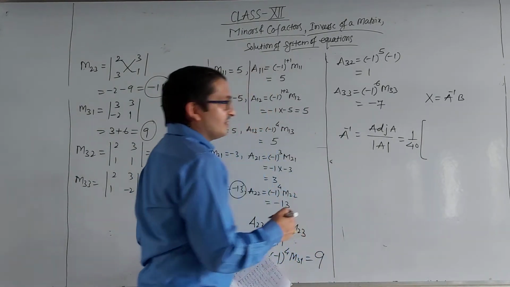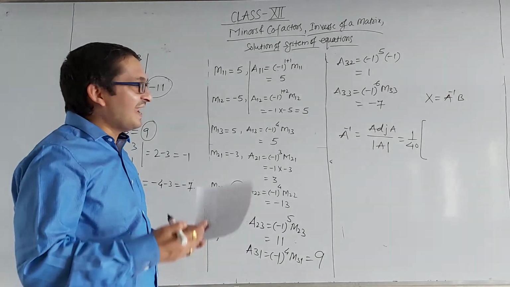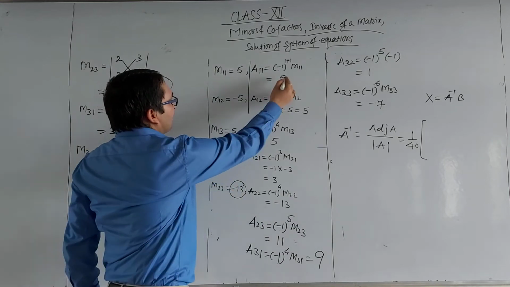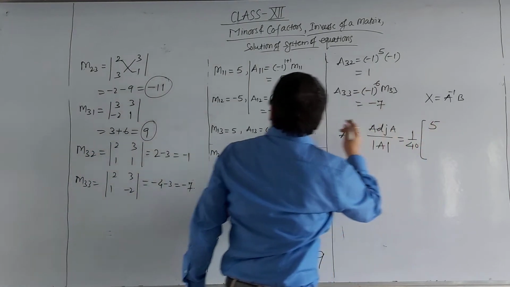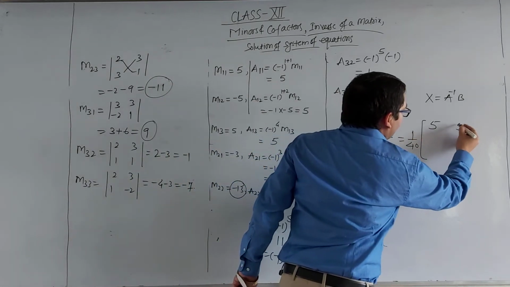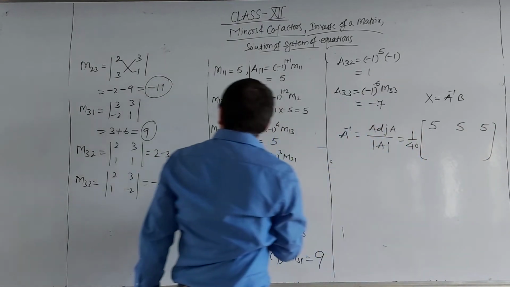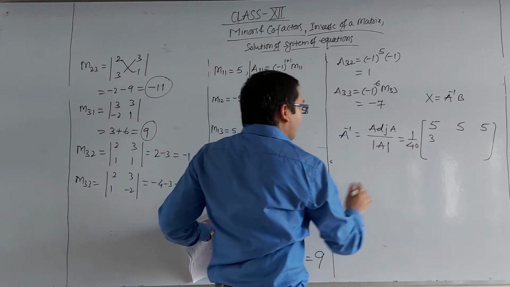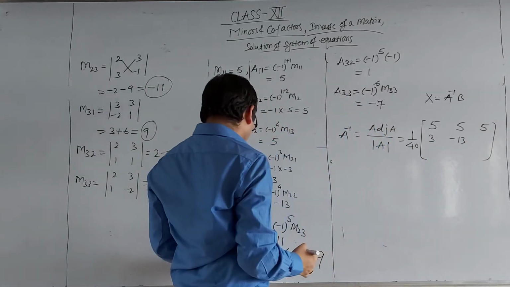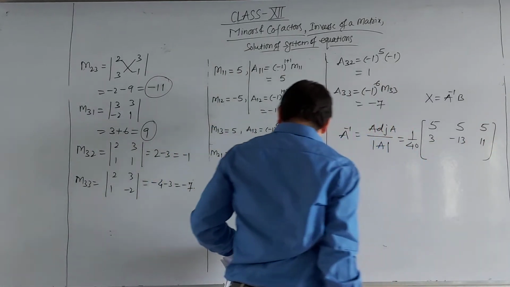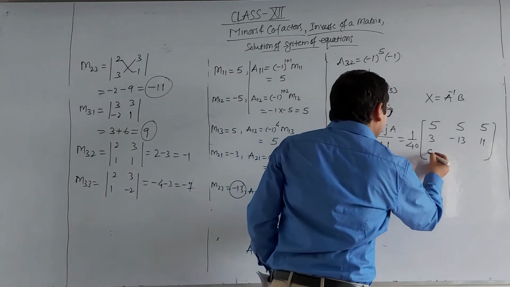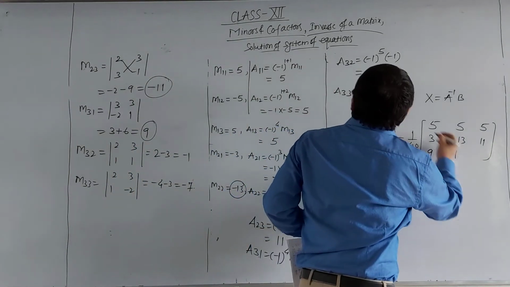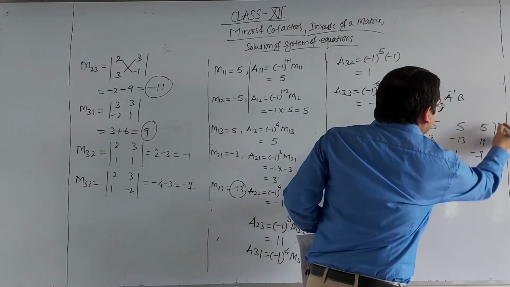the transpose of the cofactor matrix. Let me write: A11 is 5, A12 is 5, A13 is 5, A21 is 3, A22 is minus 13, A23 is 11, and A31 is 9, A32 is 1, A33 is minus 7, and transpose.